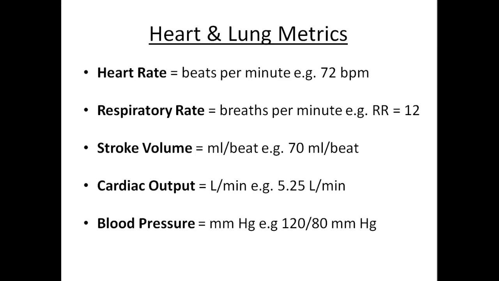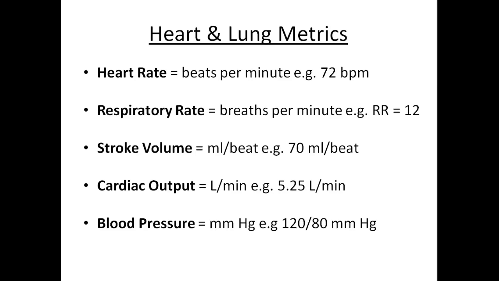Stroke volume, this is to do with the milliliters per beat ejected from the heart, and that's going to be 70 milliliters on average. And then cardiac output, liters per minute, is something like 5.25 liters per minute. So it's quite a large volume of blood going around the body.